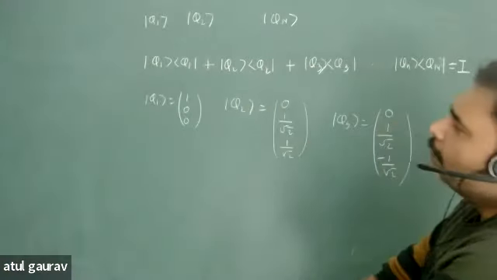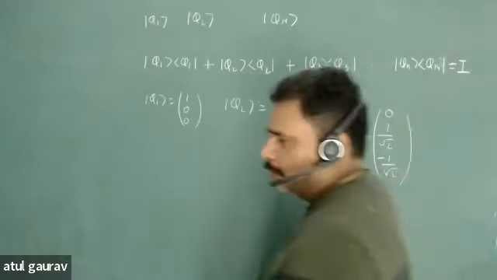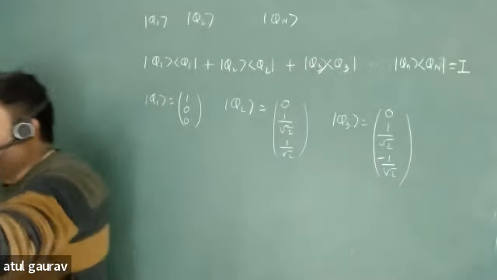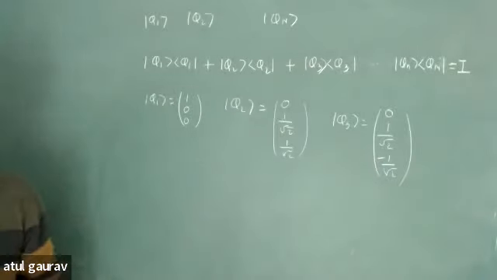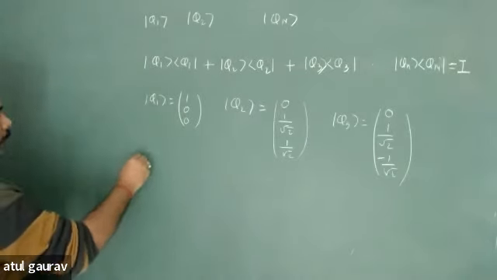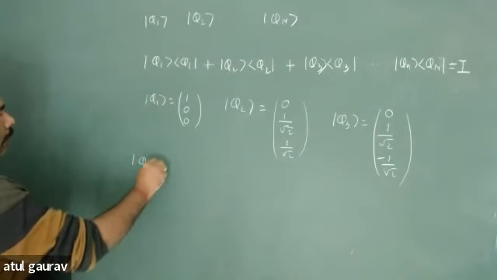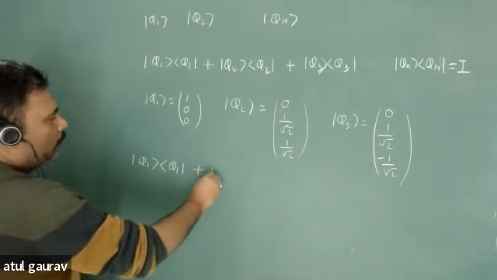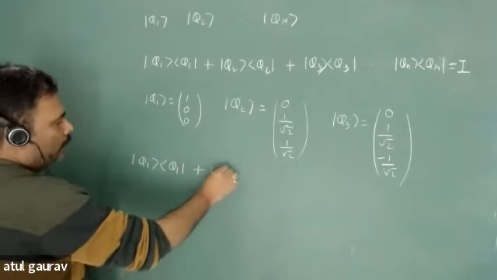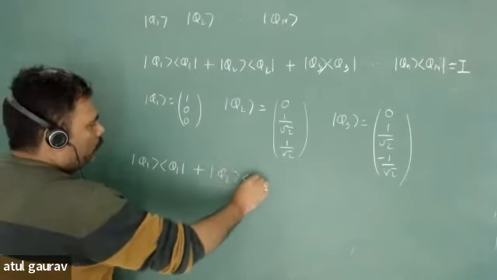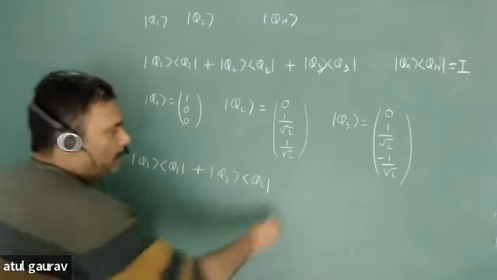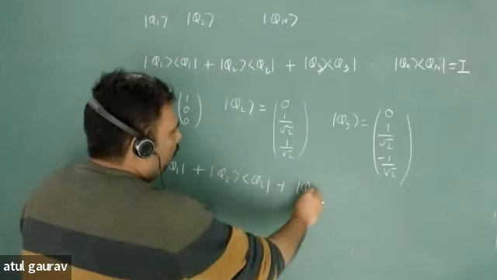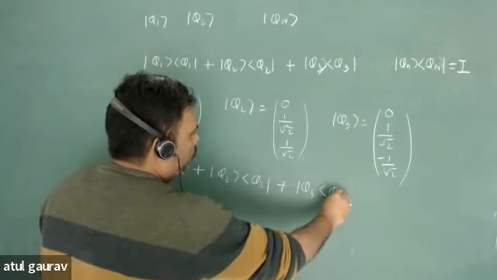And then we have to check whether these three will make a complete basis or not, whether all three will follow the completeness relation or not. So how will you go for it? Phi 1 phi 1 plus next is what? Phi 2 phi 2. Very good. Last is what? Phi 3 phi 3.